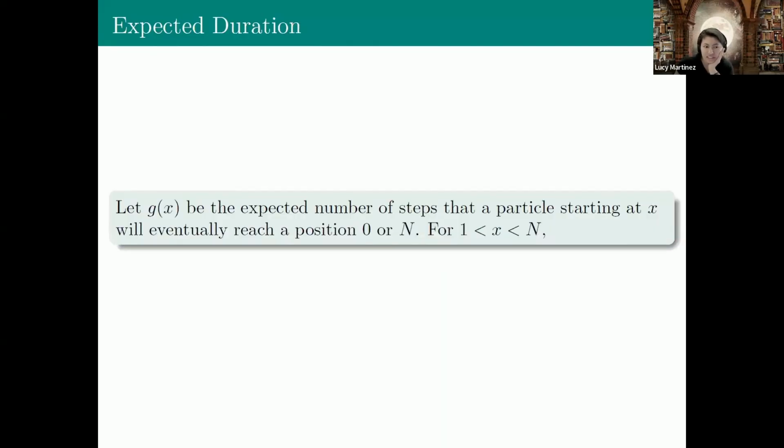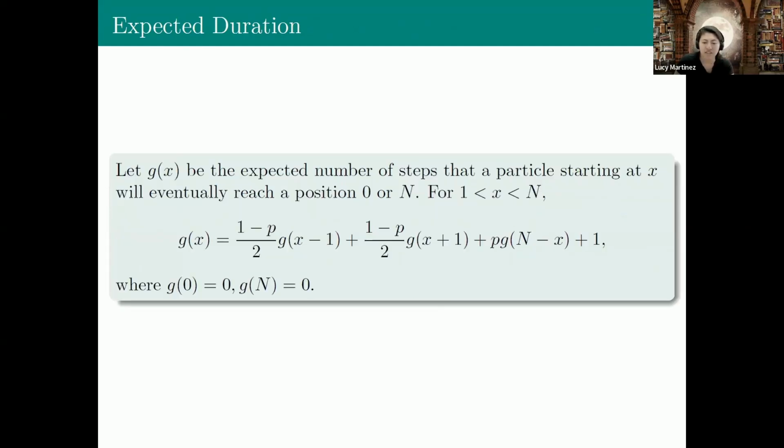Let's talk about the expected duration, because it turns out that studying the probability was harder than the expected duration of this scheme. So again, we're going to let g of x be the expected number of steps that a particle starting at x will take to eventually reach a position of 0 or n.